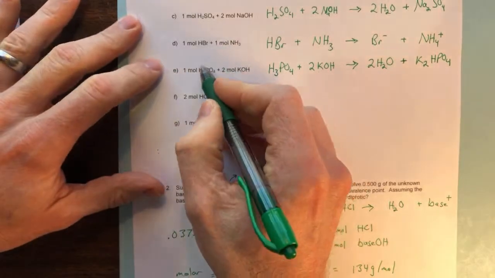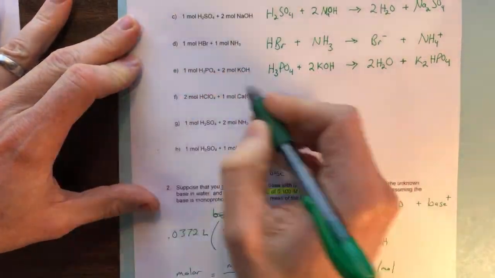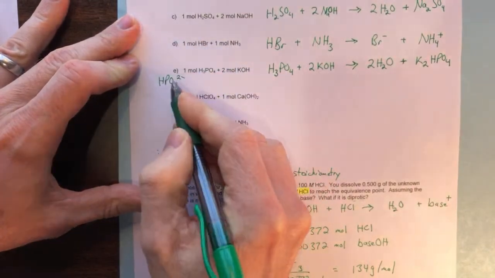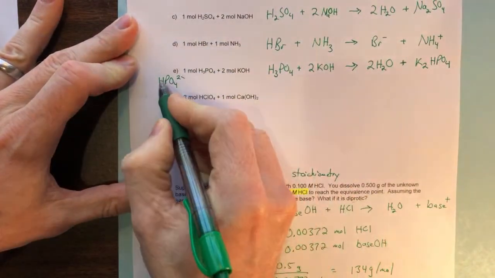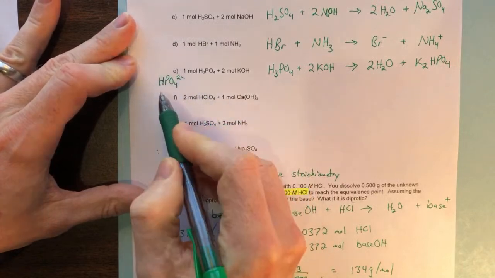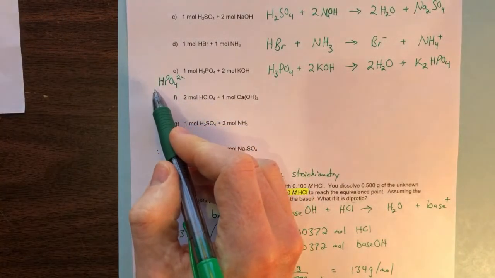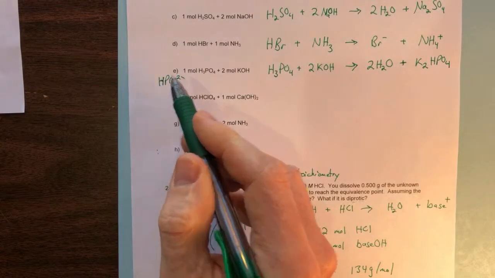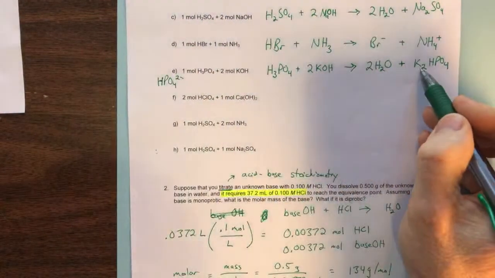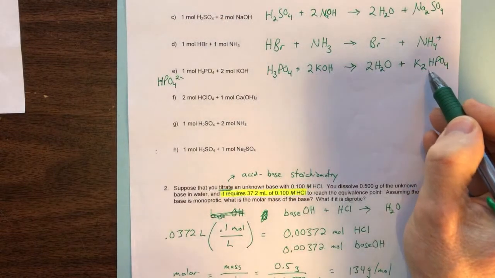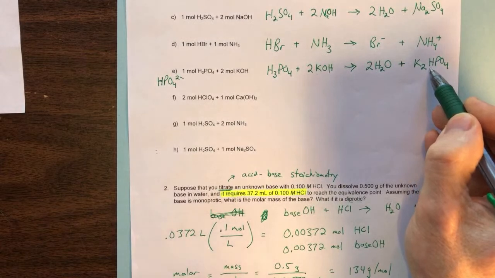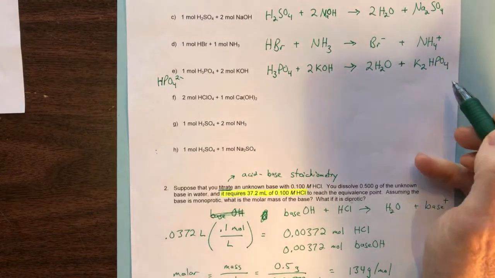This is a covalent compound, and if you have HPO4 2-, this is a polyatomic ion. So the H isn't by itself. It's not actually an H plus here. This is part of a polyatomic ion. So it's the cation, and then the H to indicate that this is an acidic part of a polyatomic ion, and then the PO4. Okay?